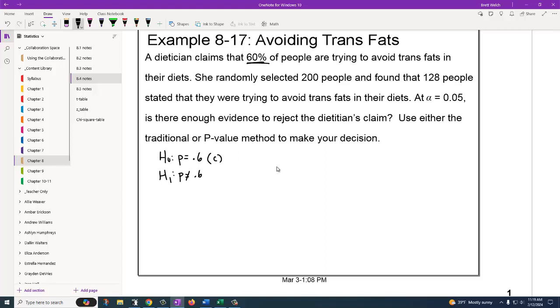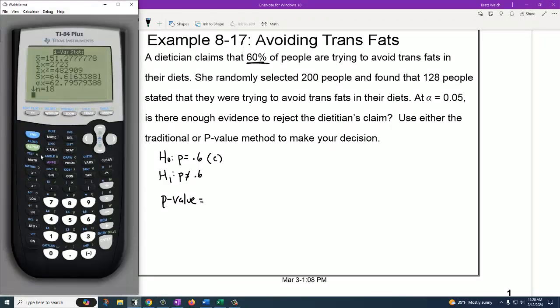All right. The next thing that I want to do, using the p-value method, is go find the p-value from my calculator. Okay, so we'll go to our calculator, turn it on. We're going to go to stat, we'll go to tests, and we're going to run a one prop z-test.